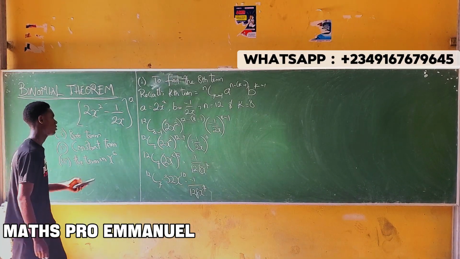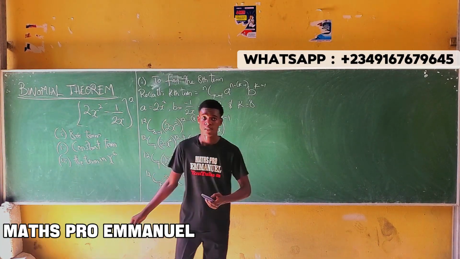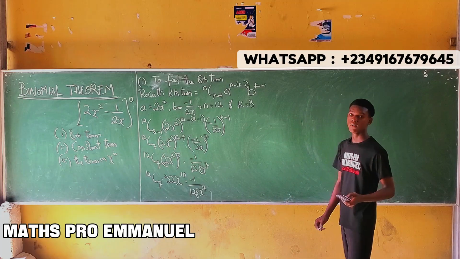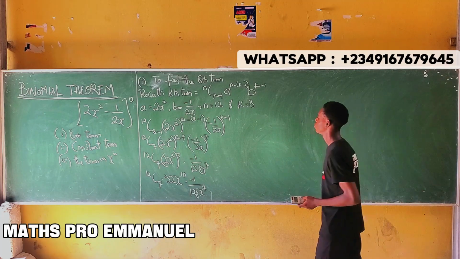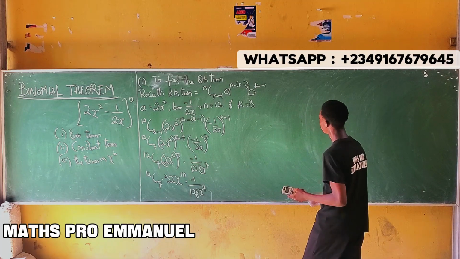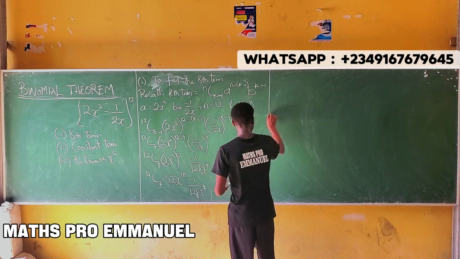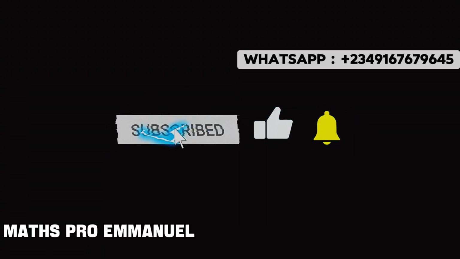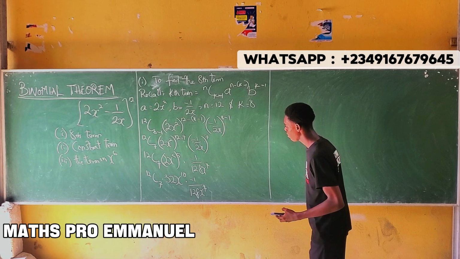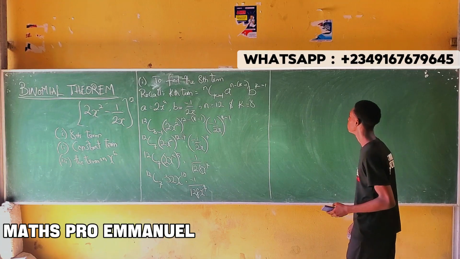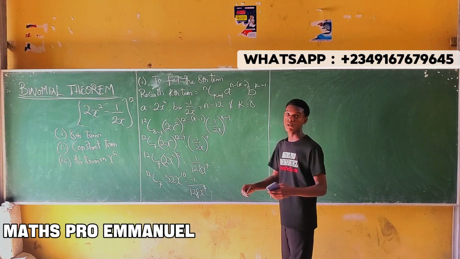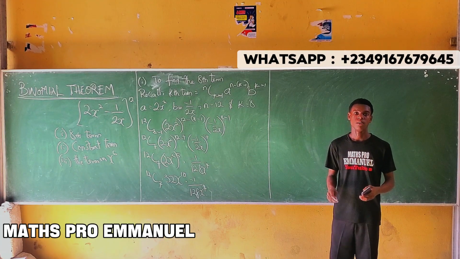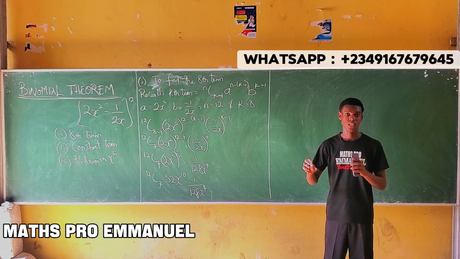That's it. Now moving on, I'm going to find 12 combination 7. How will you find 12 combination 7? We discussed that in our previous video, but let me also do it here. So now let's find 12 combination 7. Let me drive your mindset back to the general combination.